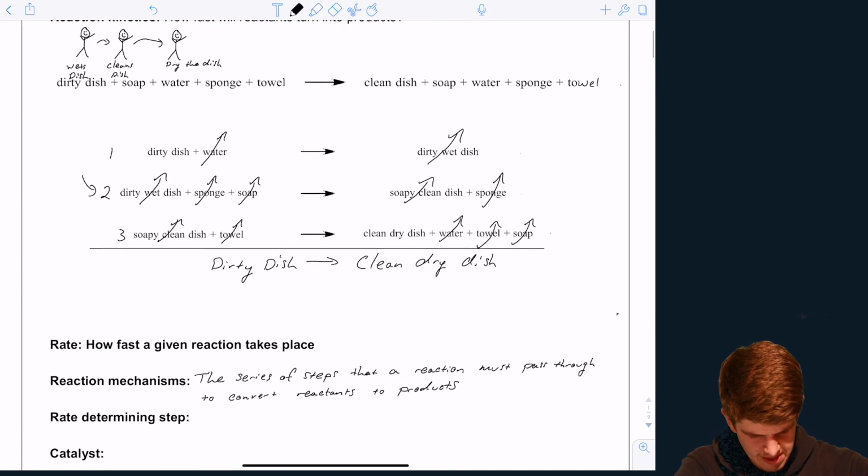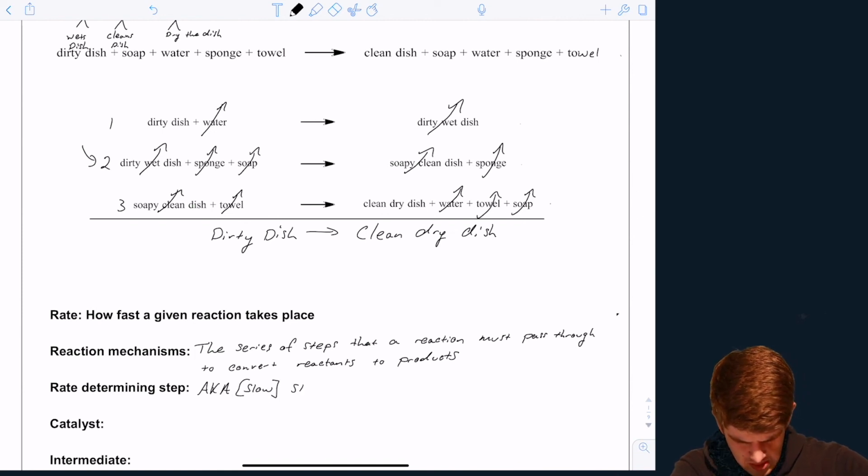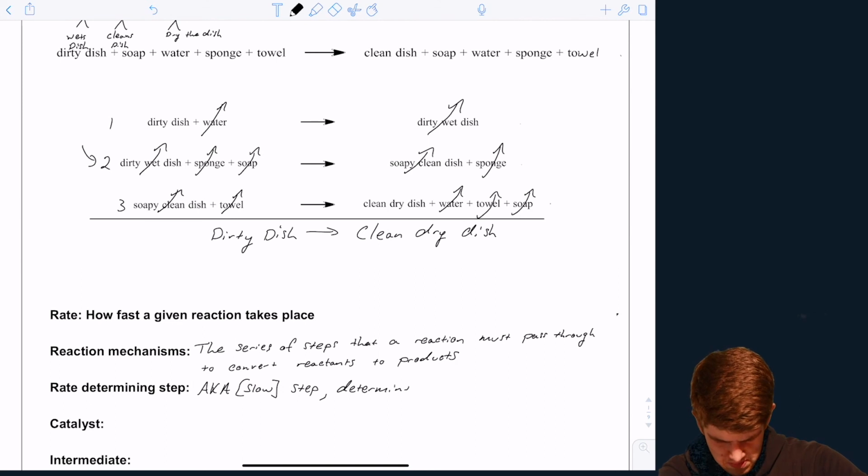So rate determining step, also known as the slow step, determines the rate of the overall reaction.